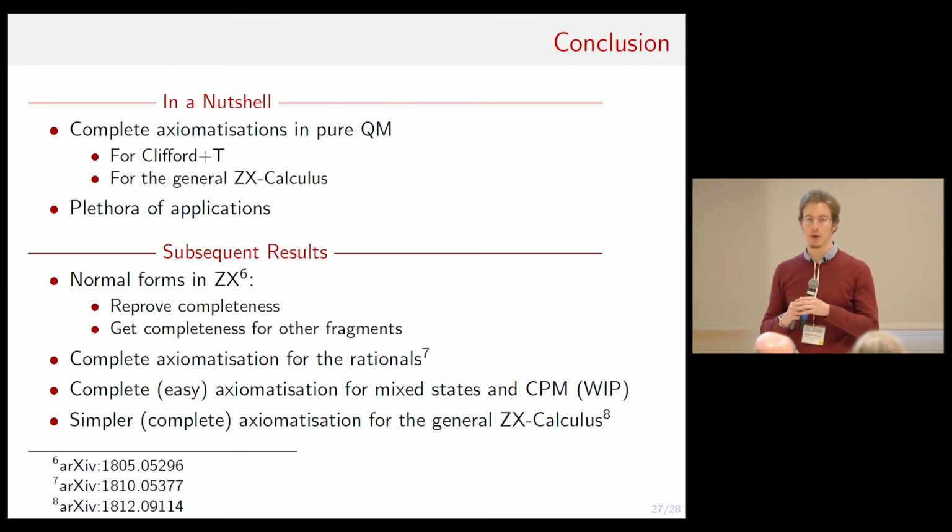One way we could do this is, now we have normal forms. We can transform the two diagrams into their normal forms, and then check if the two normal forms are equal. But in the general case, the normal form has a size of 2 to the n.